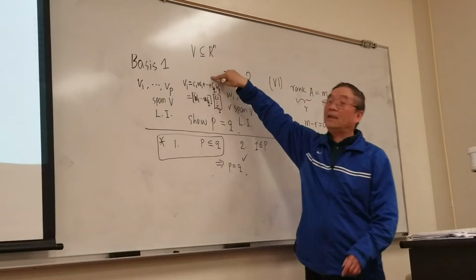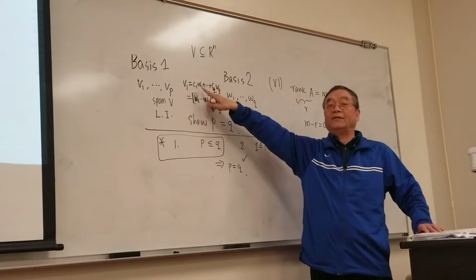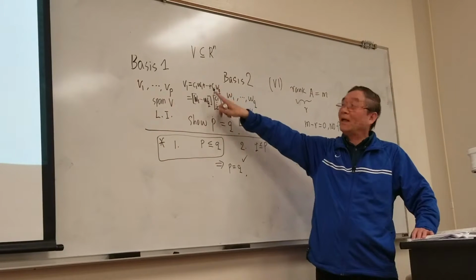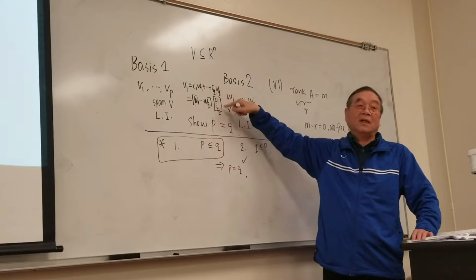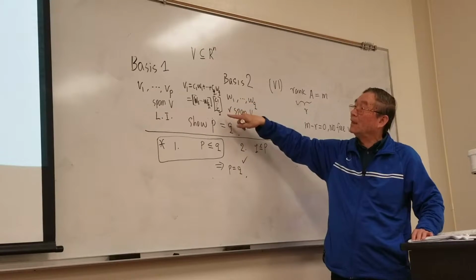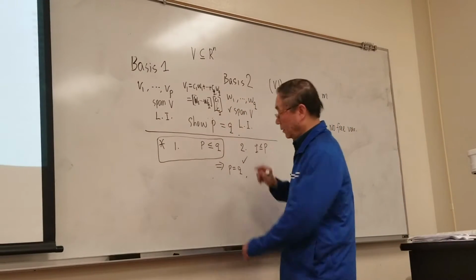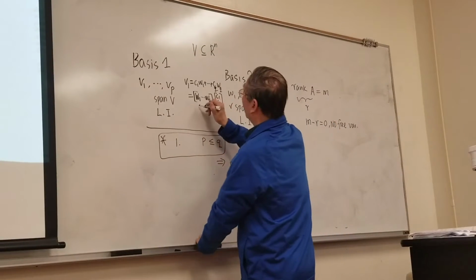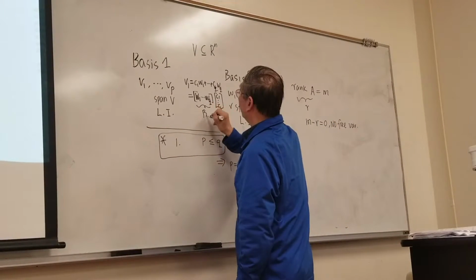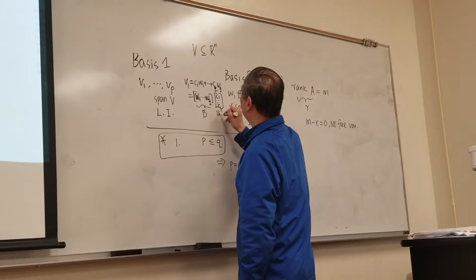That's what we did often. Remember, you have a linear combination, and I can rewrite this as a matrix times a column vector. Call this matrix B, and call this column vector u1.